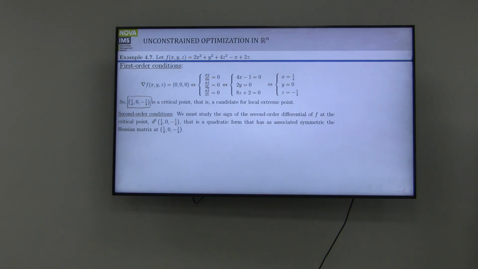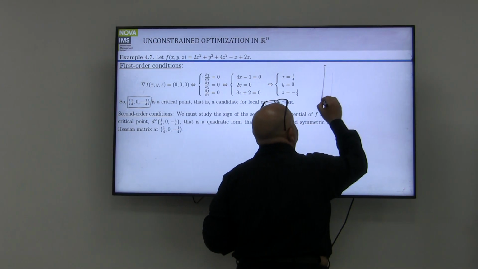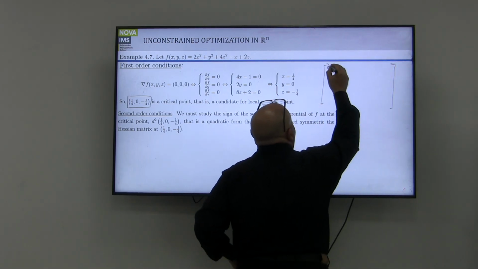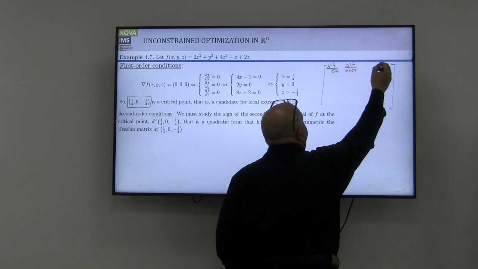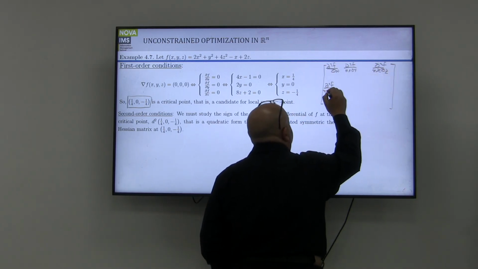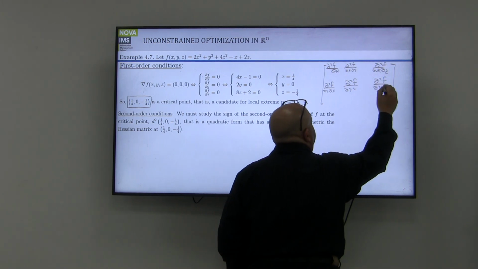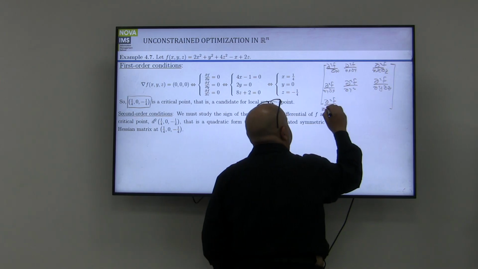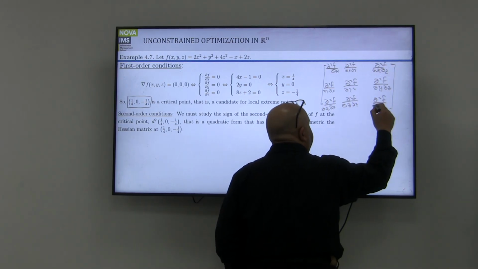So all I have to do at the time being is to get my Hessian matrix, which in this case is going to be partial 2f over partial x squared, partial 2f partial x partial y, partial 2f partial x partial z, partial 2f partial y partial x, partial 2f partial y squared, partial 2f partial y partial z, partial 2f partial z partial x, partial 2f partial z partial y, partial 2f partial z squared.